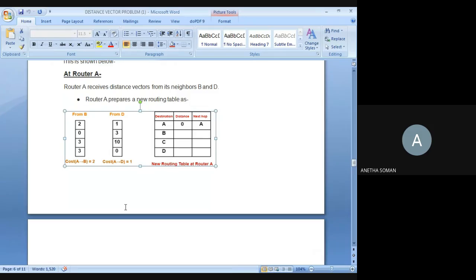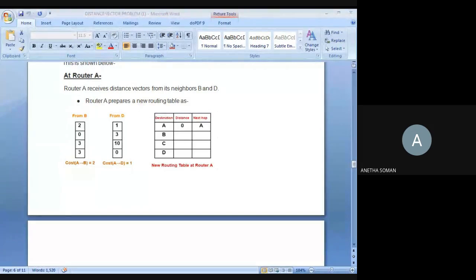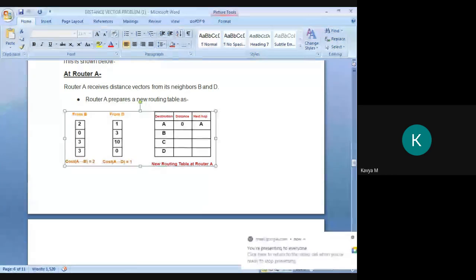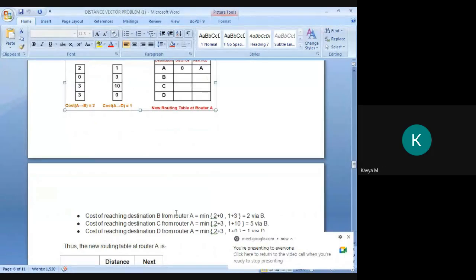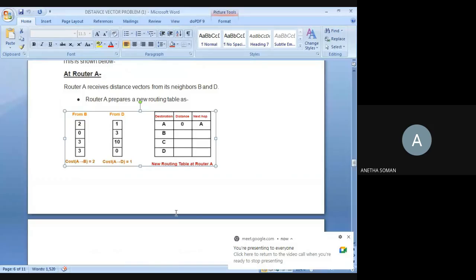This is equal to minimum of 2 plus 3 and 1 plus 10, which is minimum 5. So 2 plus 3, 5, via B, right? B.